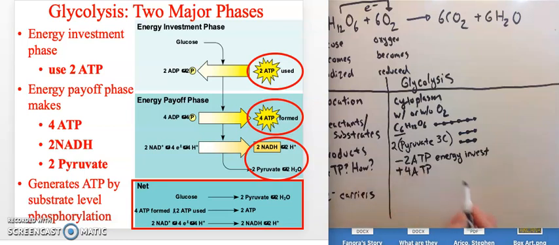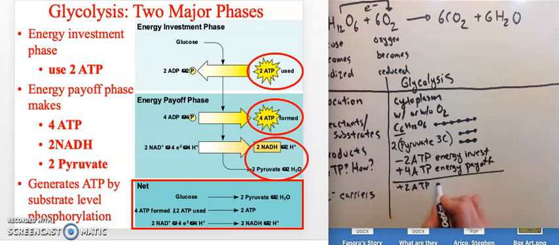For each round of glycolysis, 4 ATP are produced during the energy payoff stages. So overall, from glycolysis alone, we end up netting 2 ATPs. And the way that these ATPs were made in the energy payoff stage is through substrate level phosphorylation.